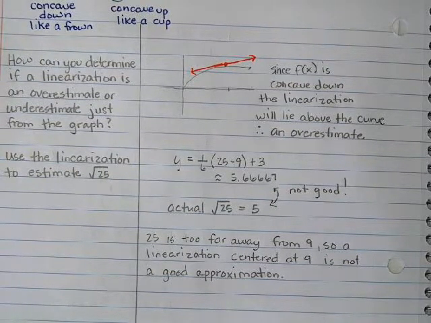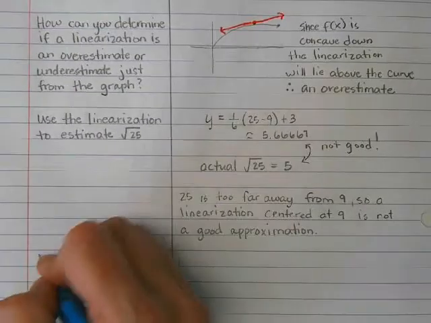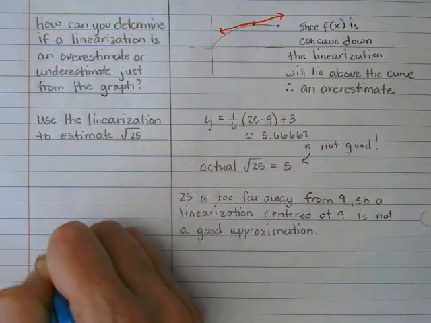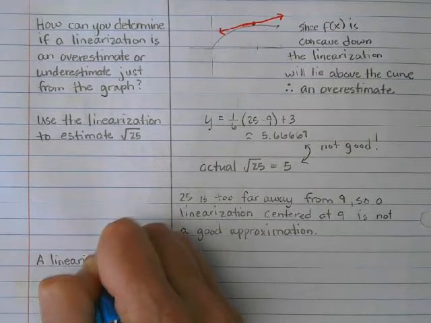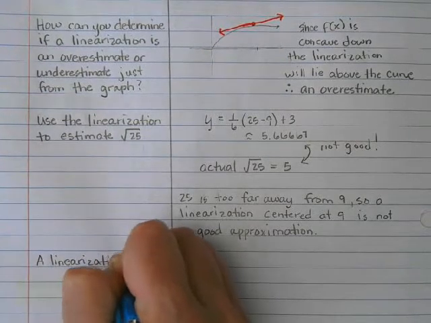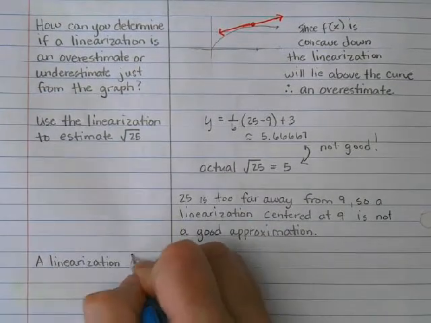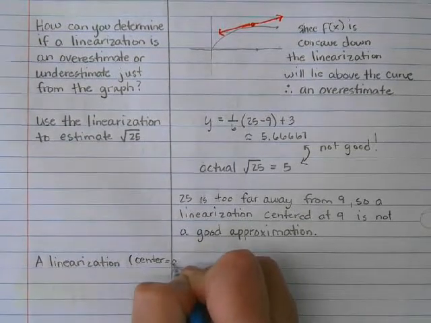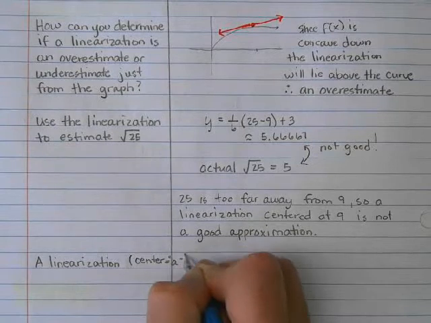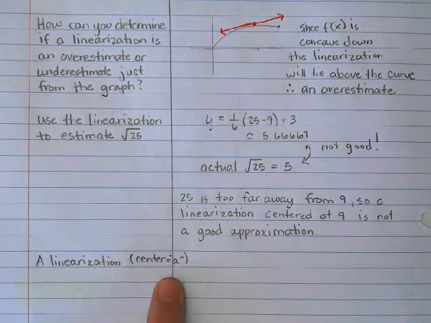Okay, now there's a formula that you're going to see for a linearization. And again, if you try to memorize all of this stuff, it's way too hard, but let's look at what we already know. So if we have a linearization, and we're going to say that the center is at A. And watch out for that.